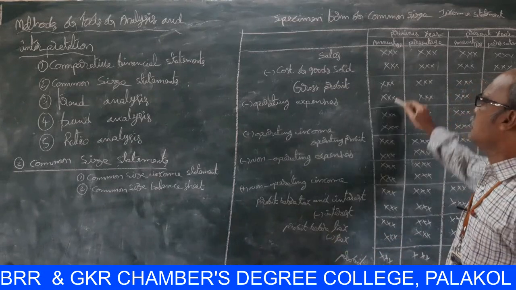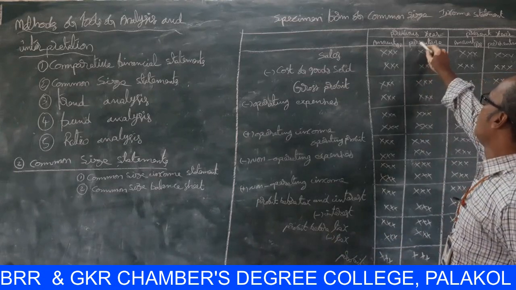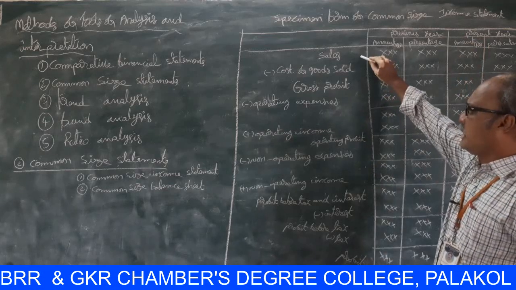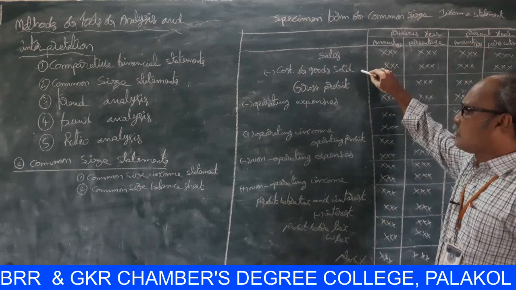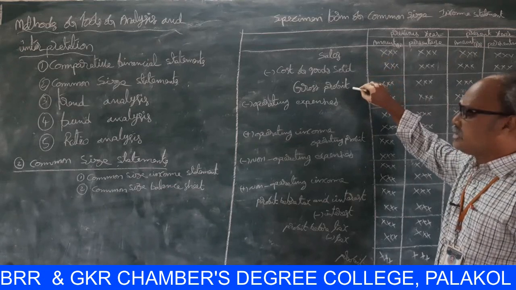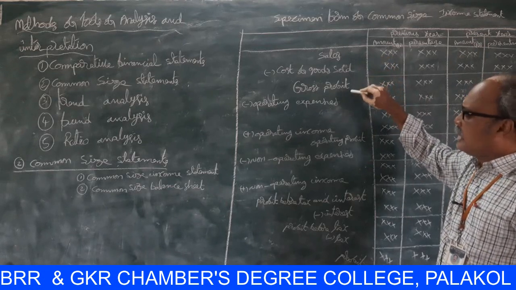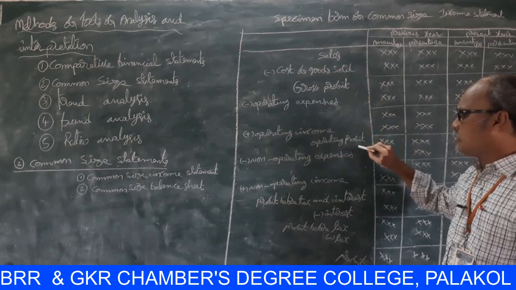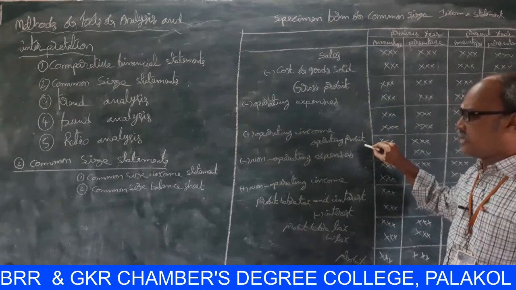Once again, this is the specimen form of common size income statement. Sales less cost of goods sold, then we find gross profit. Less operating expenses, add operating income, then we find operating profit.